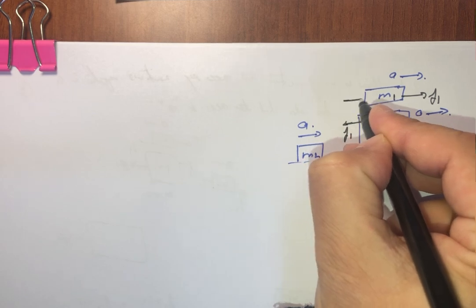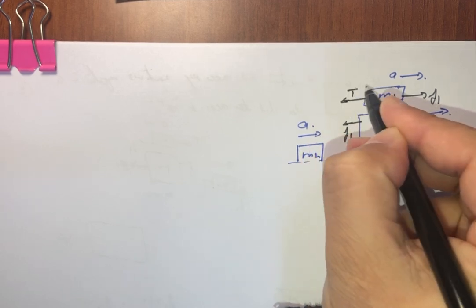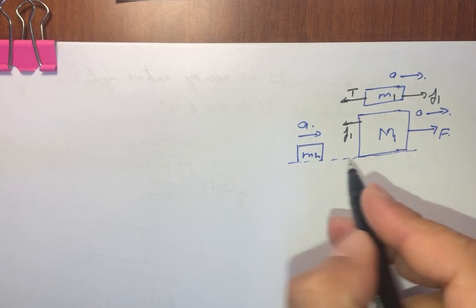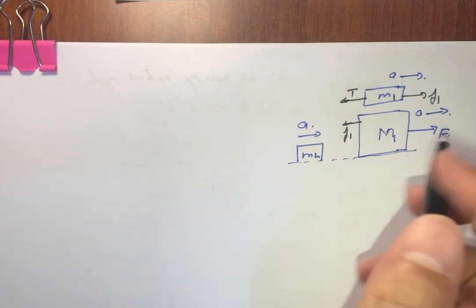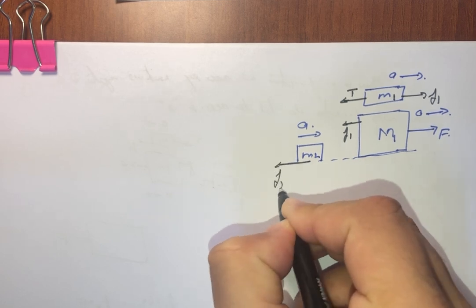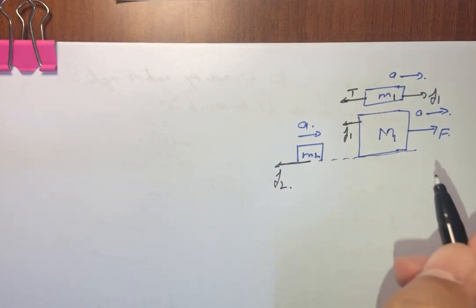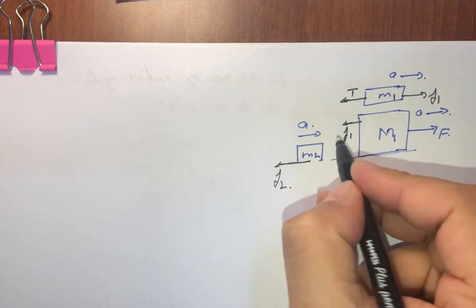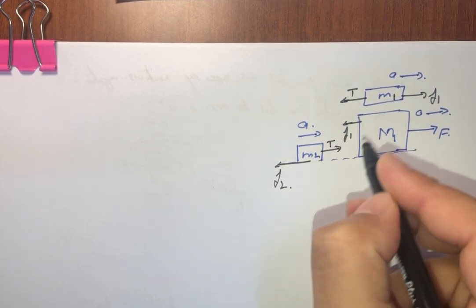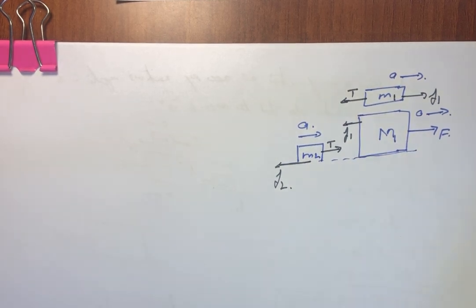Let us suppose it is having a tension T, so there will be T tension here. And M2 is going to have a force of friction, let us suppose that is F2, and it is connected with the string, so there will be a tension T towards the right side.